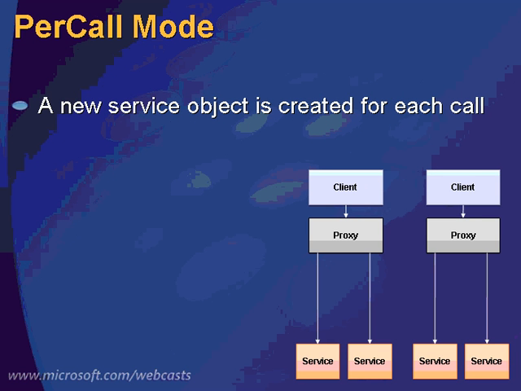Now, that might look, as shown in this diagram, as follows. A client creates an instance of proxy, and for every call, a new service object is allocated. And that goes for another client and another proxy, and every call gets its own service object. And you might think, well, that seems like an awful lot of objects getting allocated, but remember the purpose of this would be that we're releasing resources quickly so that another resource can be given to another client, for example.